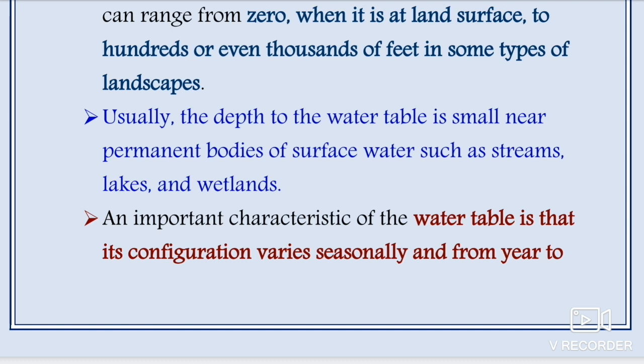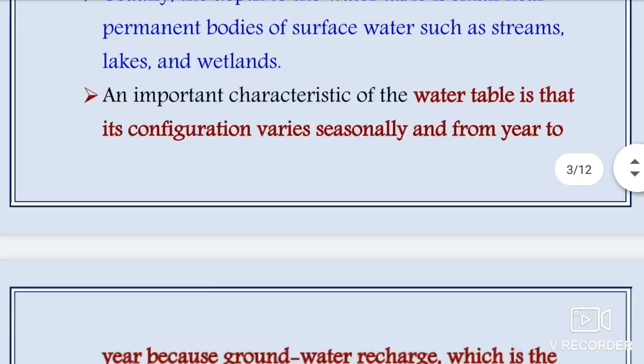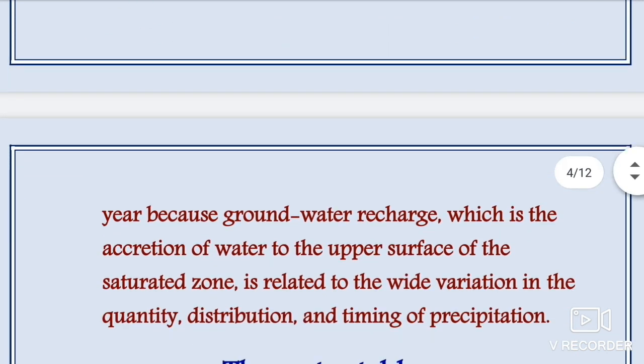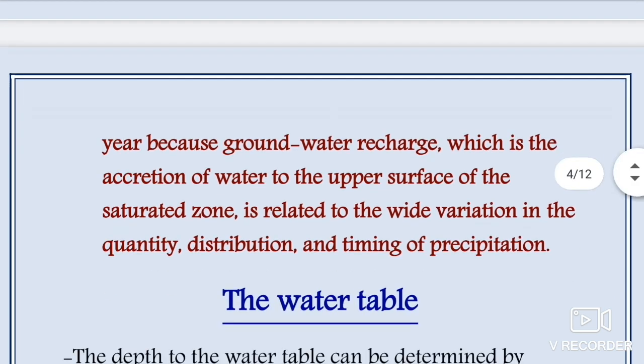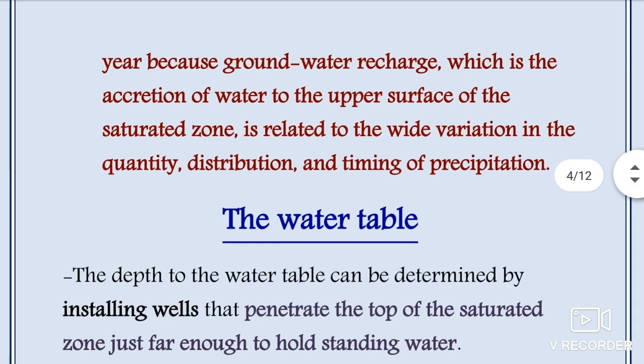This is because groundwater recharge, which is the accretion of water to the upper surface of the saturated zone, is related to wide variation in the quantity, distribution, and timing of precipitation. There are different techniques of groundwater recharge, and we will discuss them in the coming lectures.